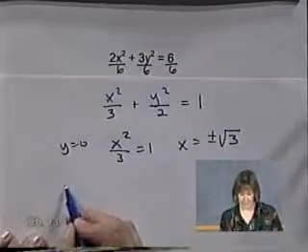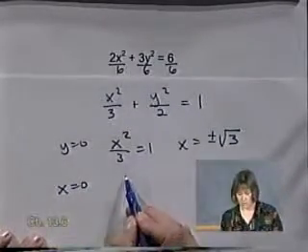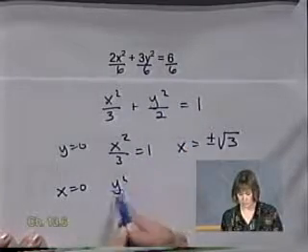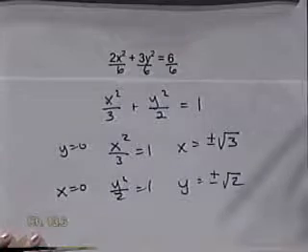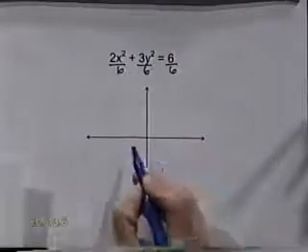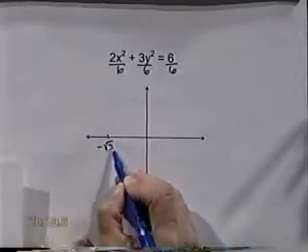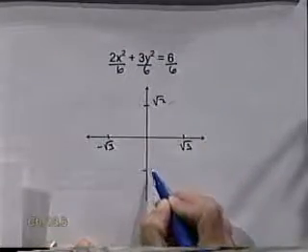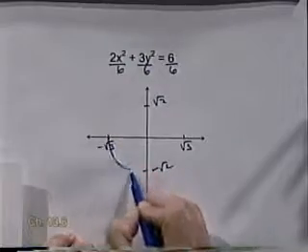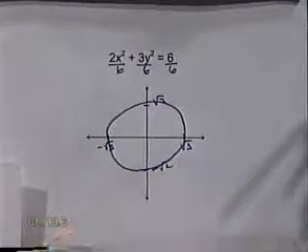And if I let x be 0, I'm going to get y squared over 2 is equal to 1, or y is plus or minus square root of 2. So my x-intercepts are going to be plus or minus square root of 3, and my y-intercepts are plus or minus square root of 2. And again, it's going to be a little bit wider along the x-axis and look like that.